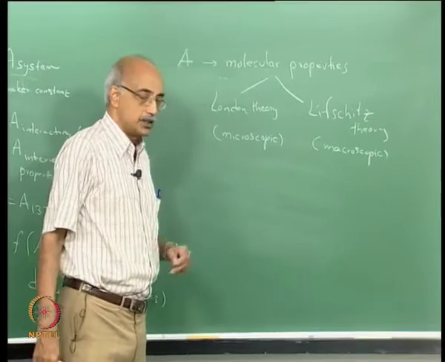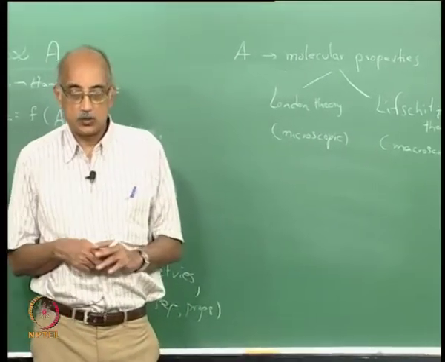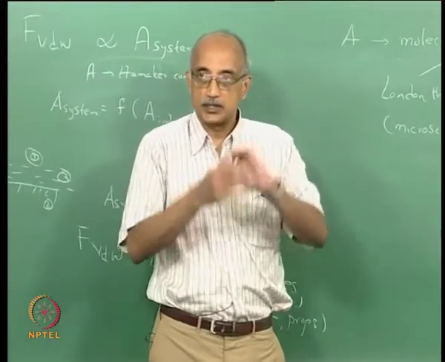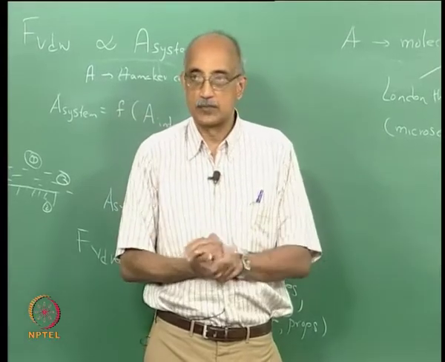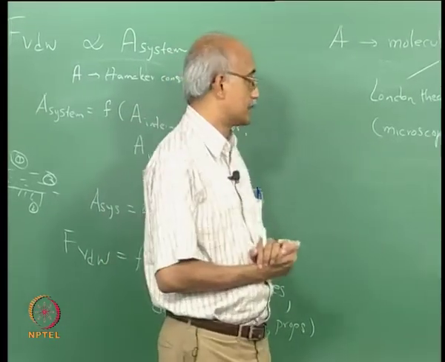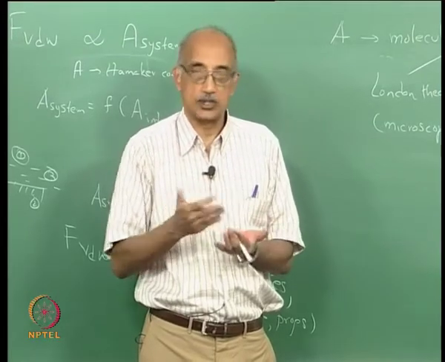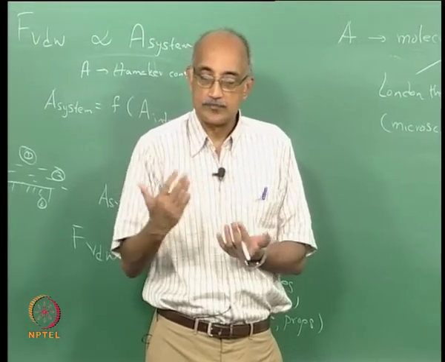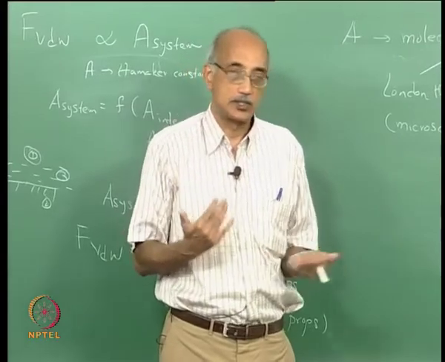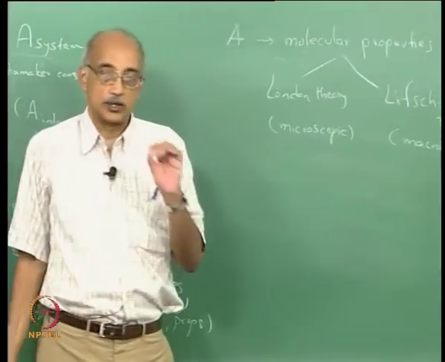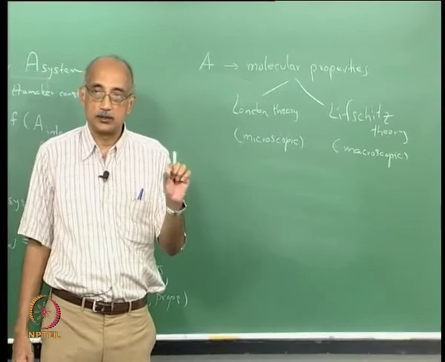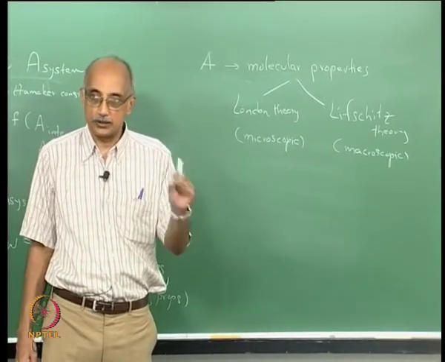The Lifshitz theory, on the other hand, is based on quantum electrodynamics. It looks at the entire system and applies wave theory to calculate the interaction forces between particles. It allows action at a distance. The difference is, in the London theory, you are assuming that only the adjacent particle can exert a force on the particle nearest to it.